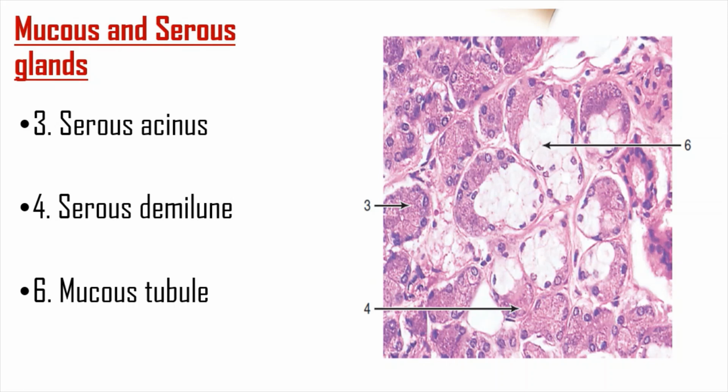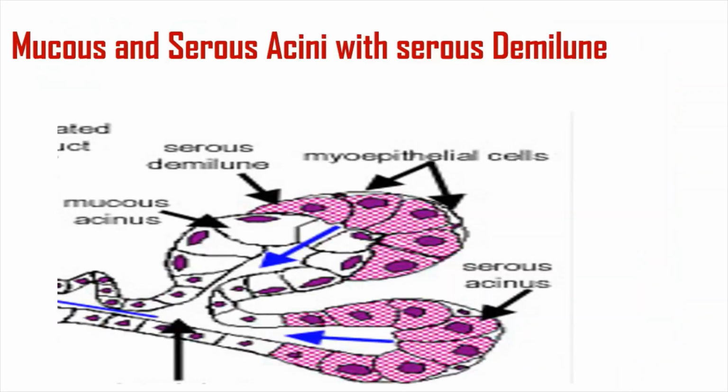so this is just high power showing you the serous acini. So 6 here is the mucous acini, pale stained, and then 3 here is the serous acini. Okay, 4 is the serous demilune. All right.